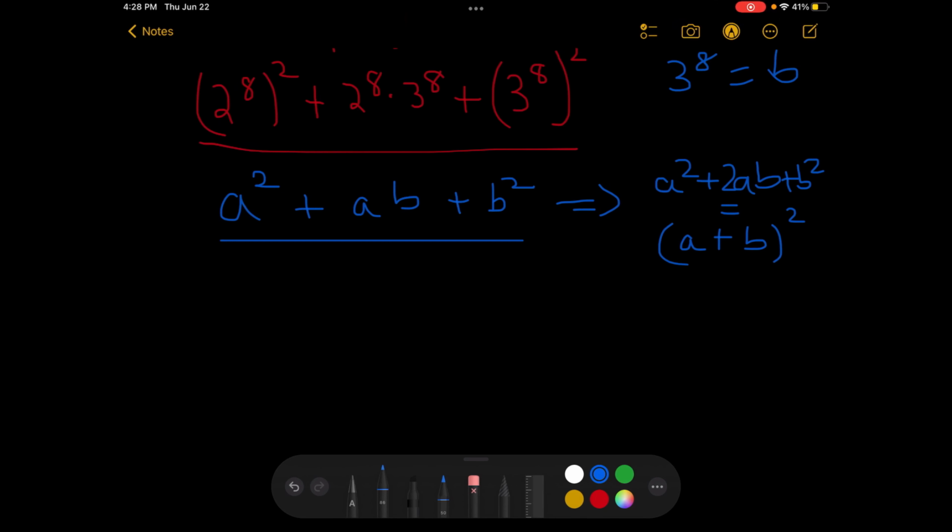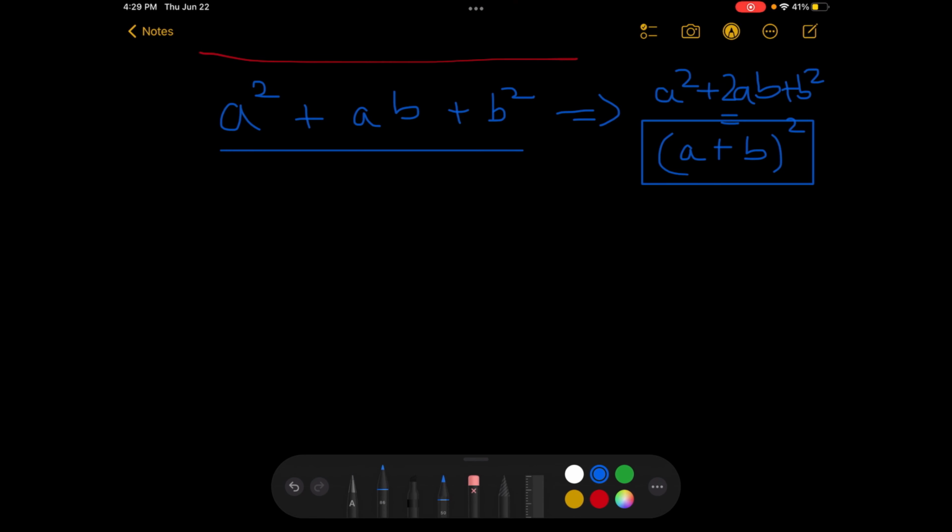And so I'm wondering, is it possible to use A plus B all squared to write A squared plus AB plus B squared in a different way that'll give us something more to work with? So let's try that.